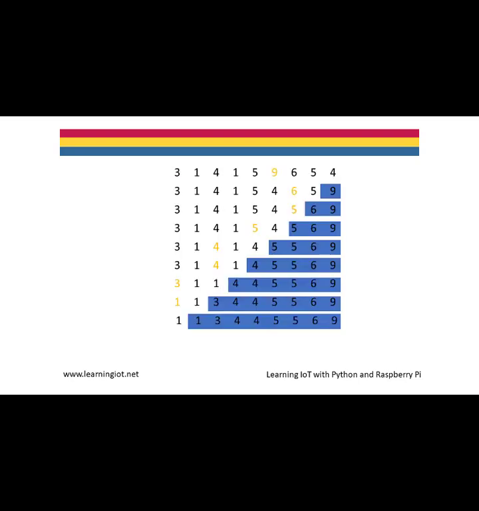So initially, we have the unsorted list of elements. The largest element in this unsorted subset is the number 9. That's swapped with the last element in the list. That 9 is now part of the sorted subset.